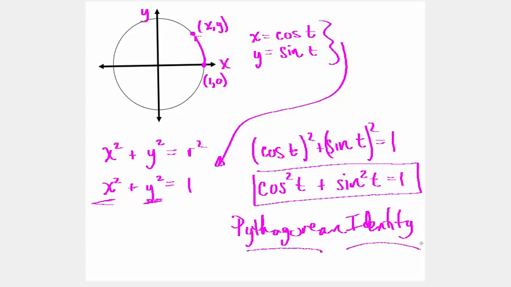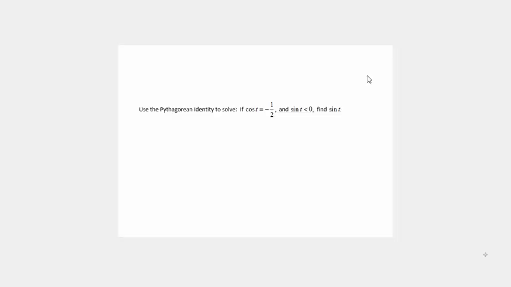And again, this will come in handy in many ways, as we can see going forward. Let's now take a look at an example of how we can use our Pythagorean identity to solve a trigonometry problem. So this one says, use the Pythagorean identity to solve. If cosine of t is negative 1/2 and sine of t is less than 0, which means negative, find sine of t.